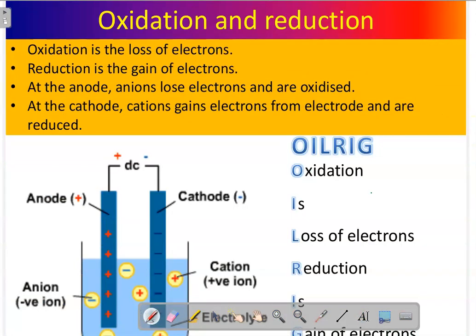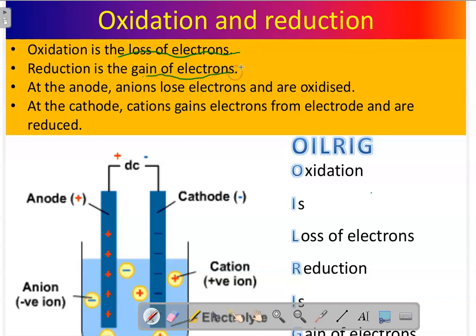Let's go on. Now, let's look at oxidation and reduction as the last part of our learning objective for this video. What is oxidation and what is reduction, and what happens at the various electrodes, which electrode undergoes oxidation and which one undergoes reduction? In terms of electrons, oxidation is loss of electrons and reduction is what?